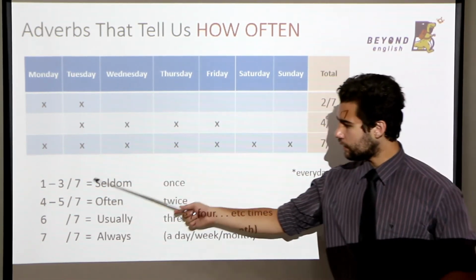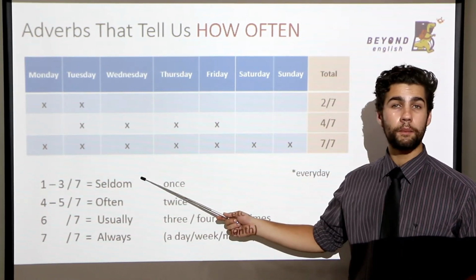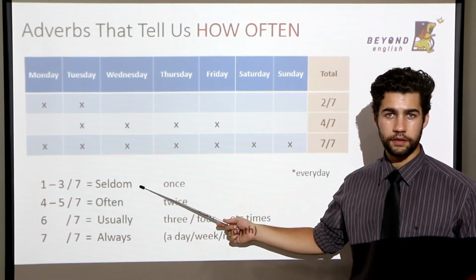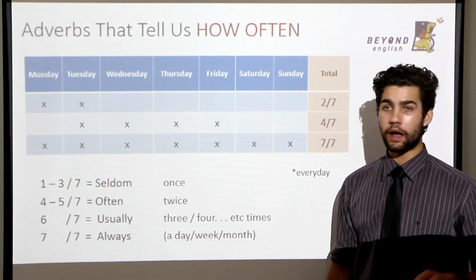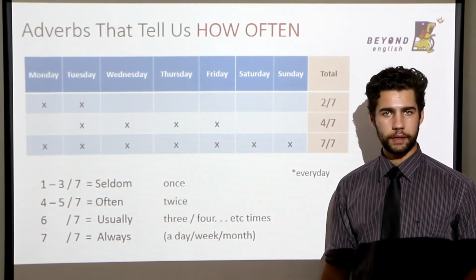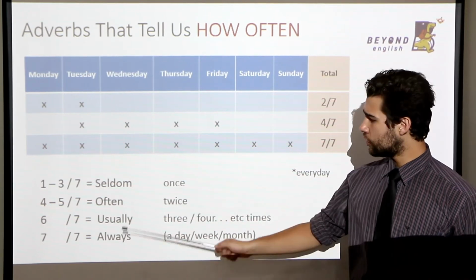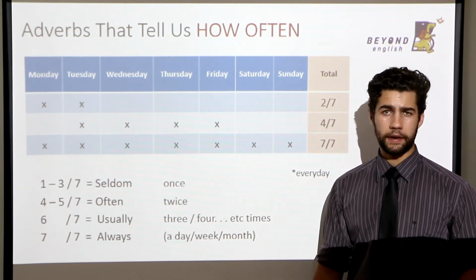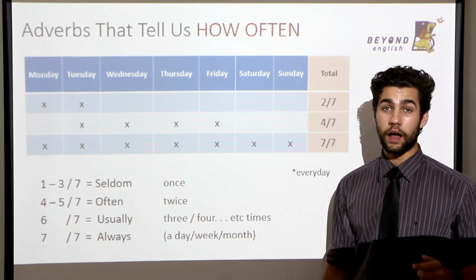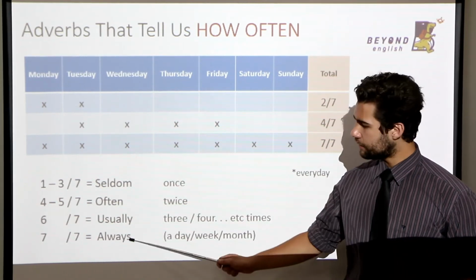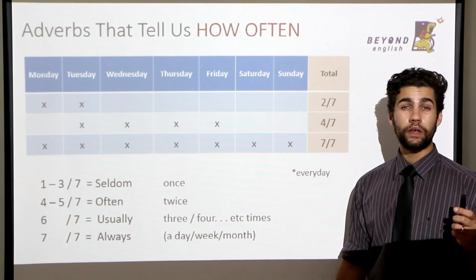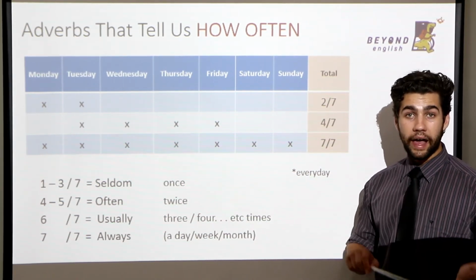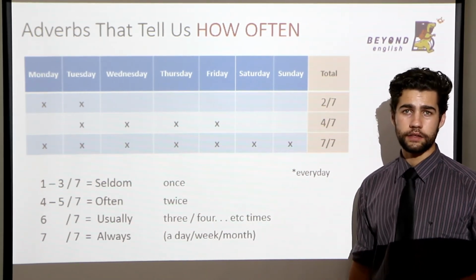Remember, over here, it's before play tennis. I seldom play tennis. I often play tennis. I usually play tennis. And I always play tennis. Over here, we always say it after play tennis.